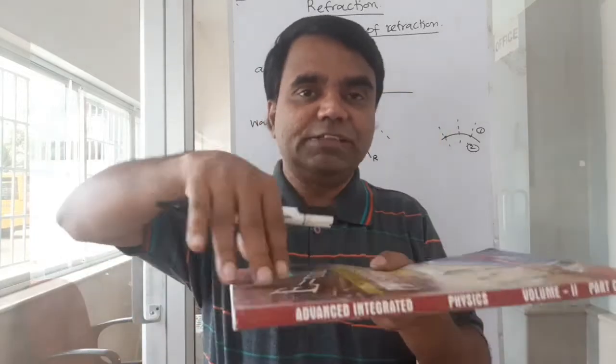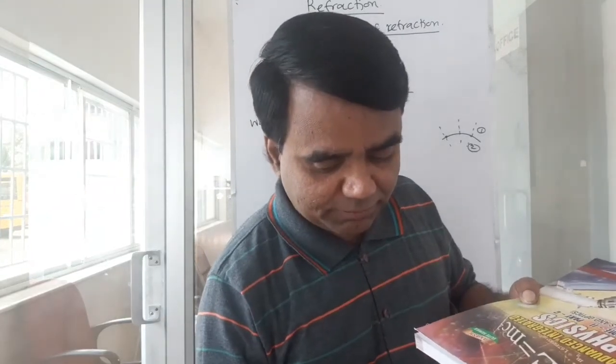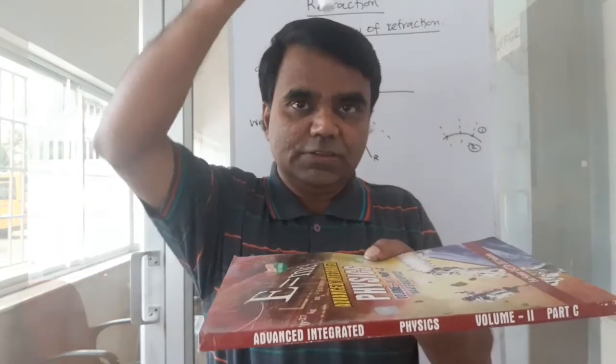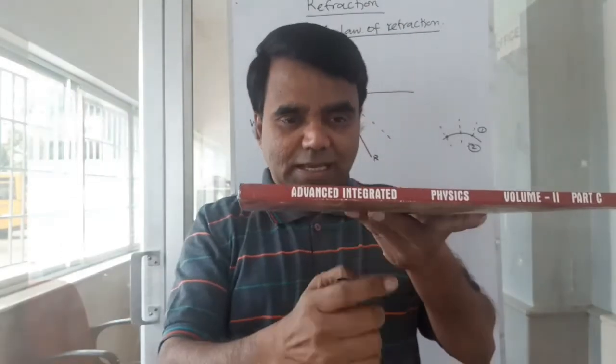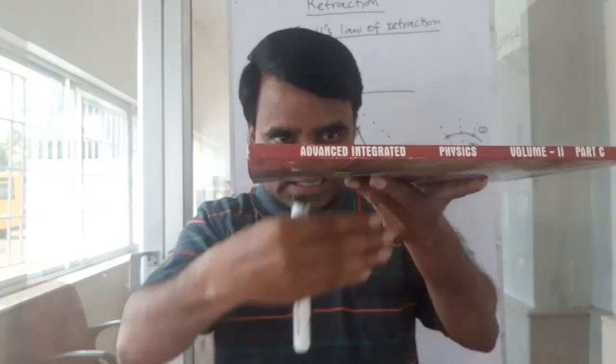if this is the interface, this is one medium, it's another medium, then if this is the incident ray, there's a normal here that goes down. So there's a plane, you can imagine a plane. And the refracted ray must lie on the same plane.